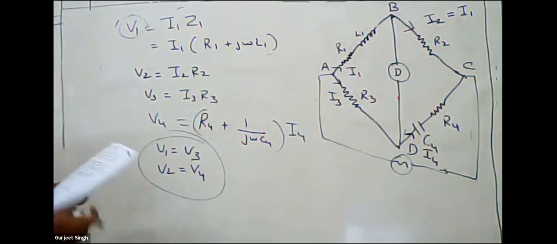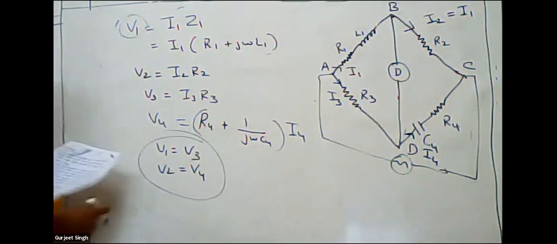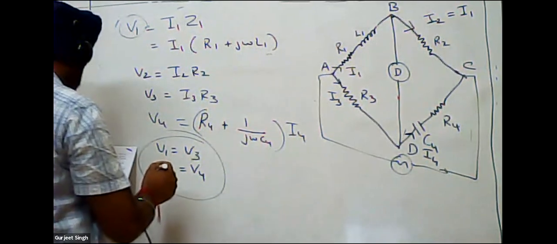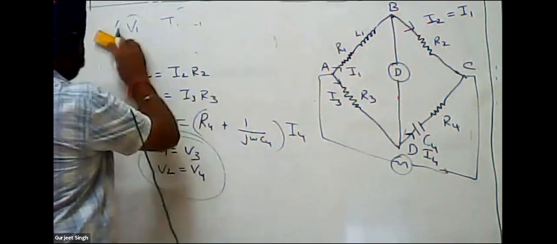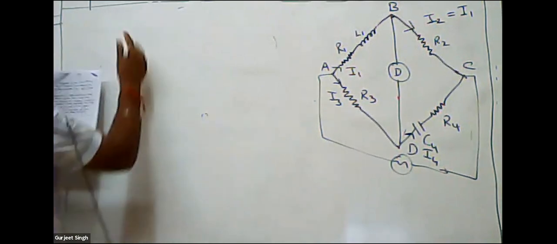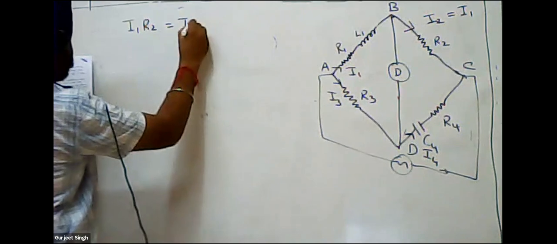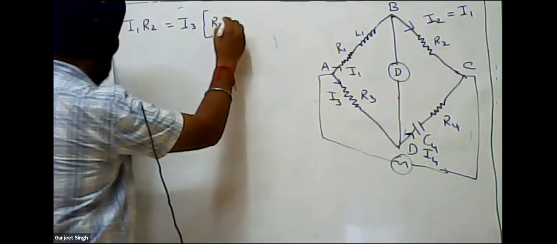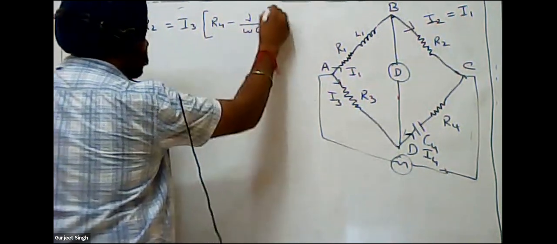So when we are putting the values in this equation, we are getting the equation I1 R2 is equal to I3 (R4 minus J omega C4).